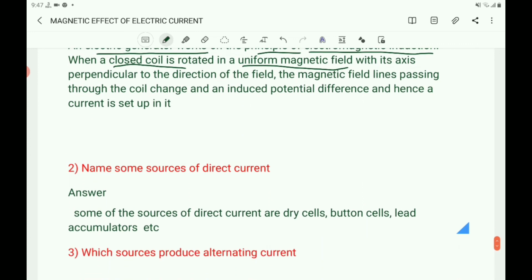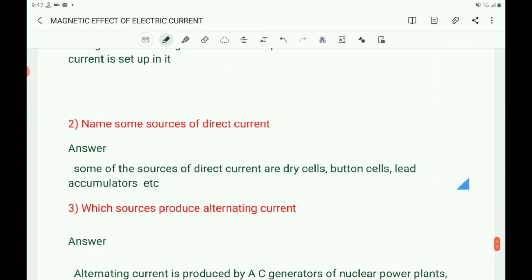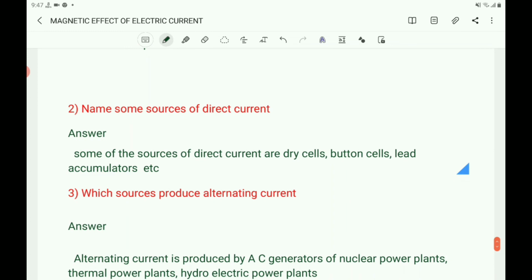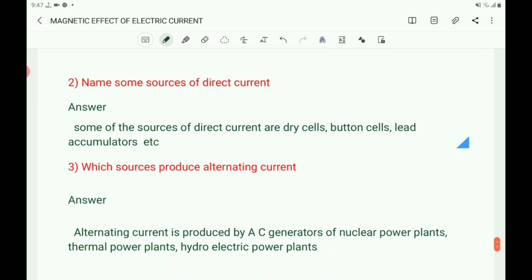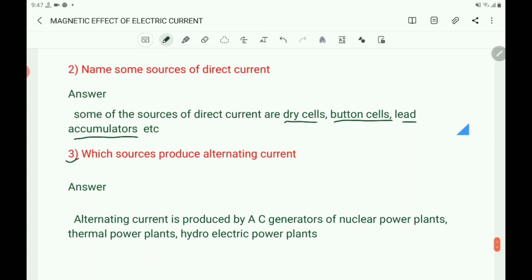Then the answer for the second question, name some sources of direct current. Some sources of direct current are dry cells, button cells, lead accumulators, etc. Which sources produce alternating current? That is the third question.